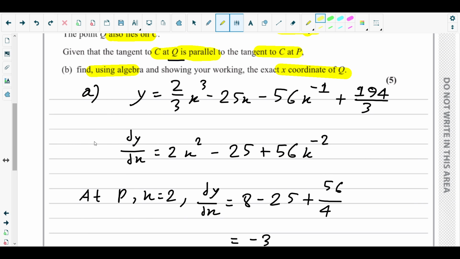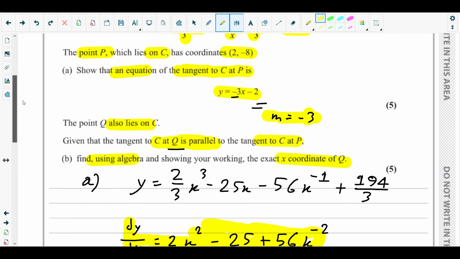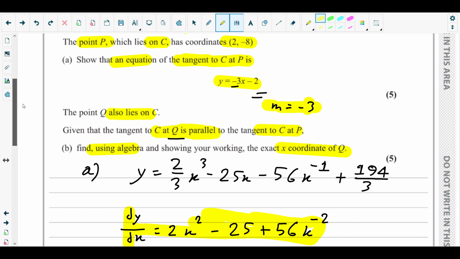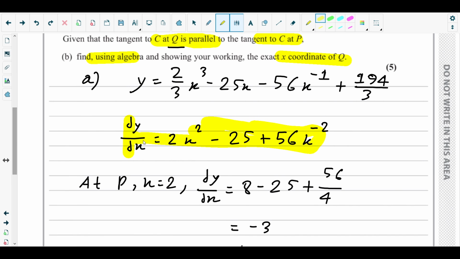We know the derivative of the curve C, and the derivative of the curve C represents the gradient of the curve. So at point Q, the gradient of the tangent is negative 3. That means the gradient of the curve would also be negative 3, right?